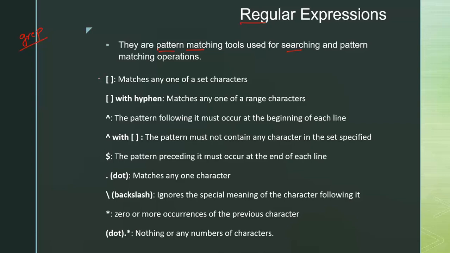Those symbols are like the square brackets. These square brackets will be used to represent some set of characters. If you want to find any set of characters, that set can be listed here.